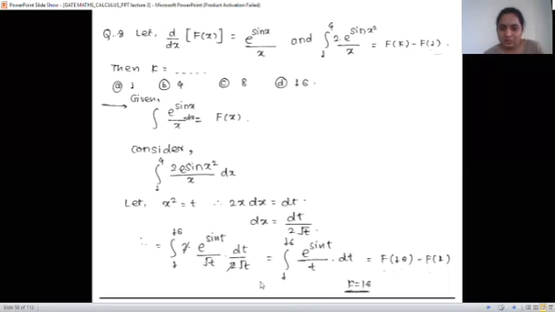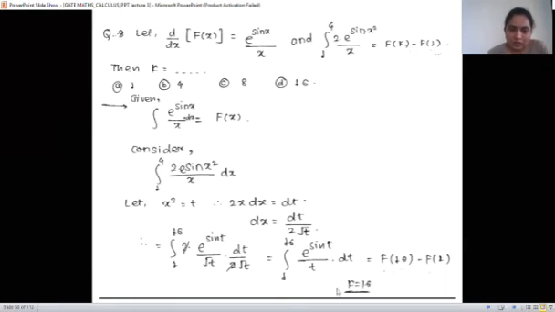And this is what? Integration e raised to sine x upon x dx. Is it? Just it is t. So variables are immaterial. We already know that. But integration e raised to sine x upon x dx, we know it is f of x, right?